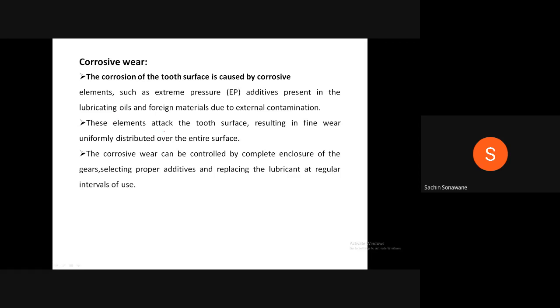These elements attack the tooth surface, resulting in fine wear uniformly distributed over the entire surface. The corrosive wear can be controlled by complete enclosure of the gears, selecting proper additives, and replacing the gear at regular intervals of use. Therefore, this is nothing but corrosive wear.